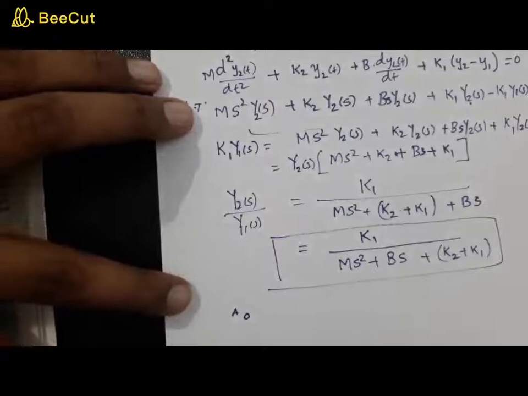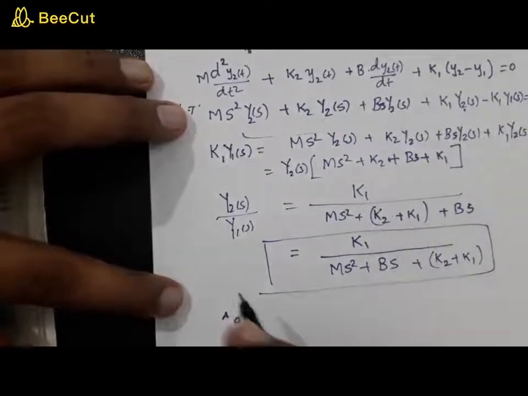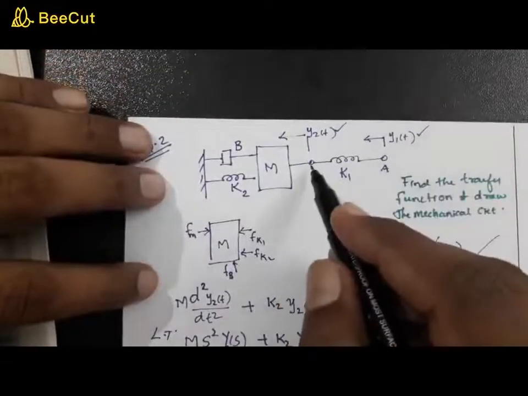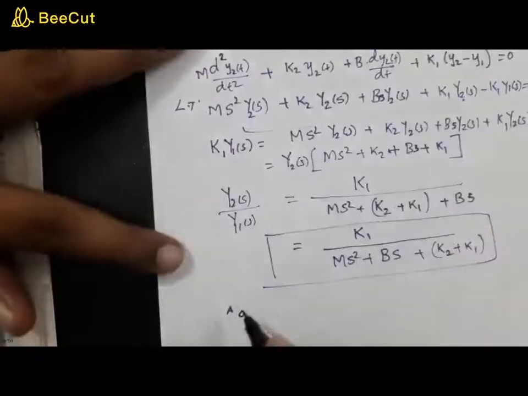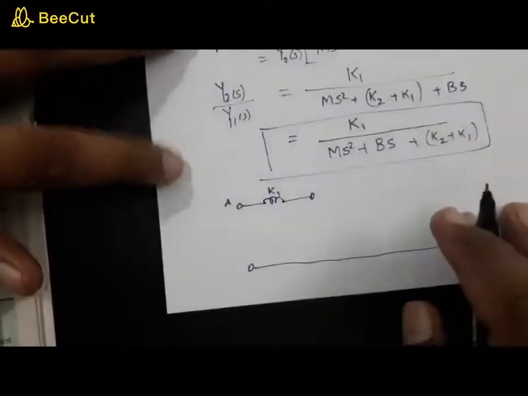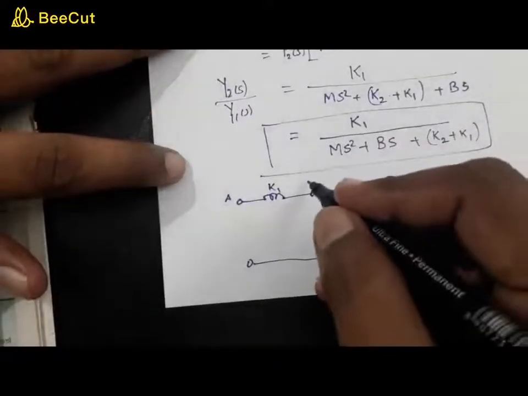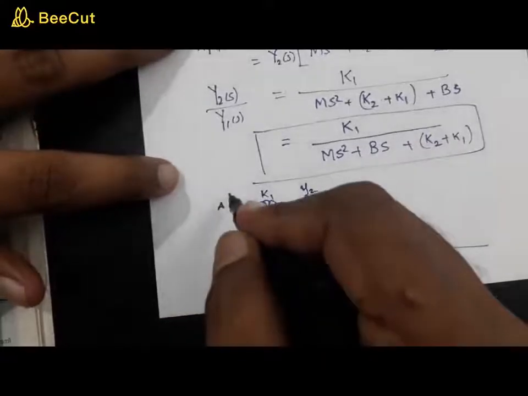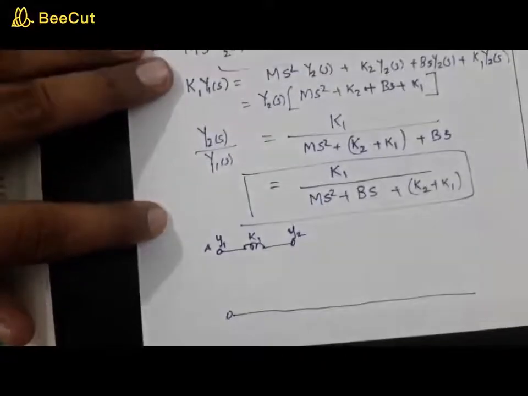So you have a reference point and the node starts with A. Now in between this node A and this node you have a K1, so you can represent that as K1 in series. So this becomes the node Y2. So this will be the Y1 node and the Y2 node.